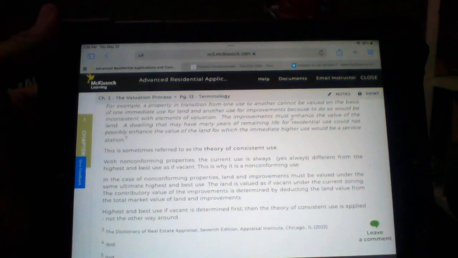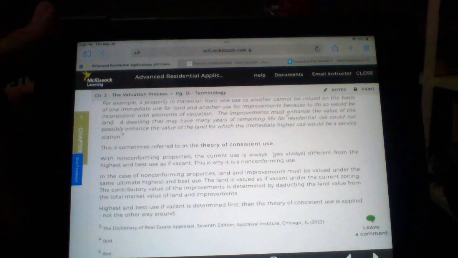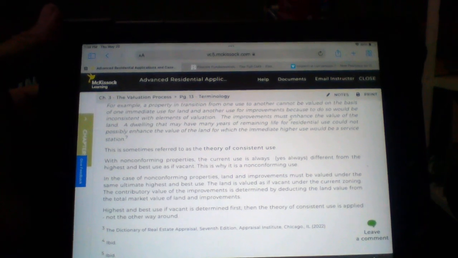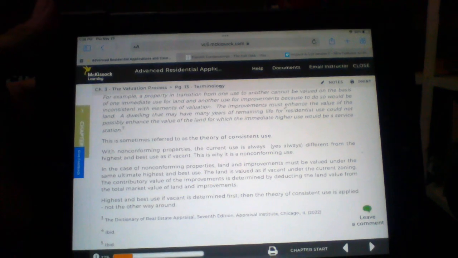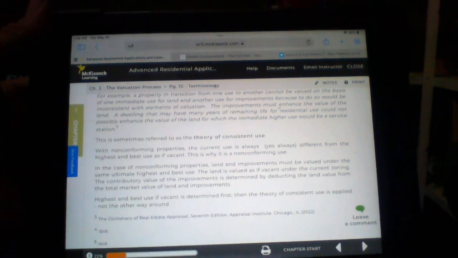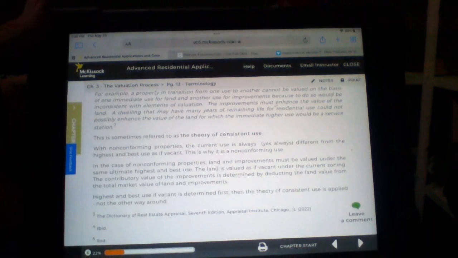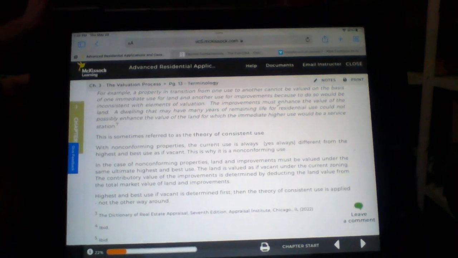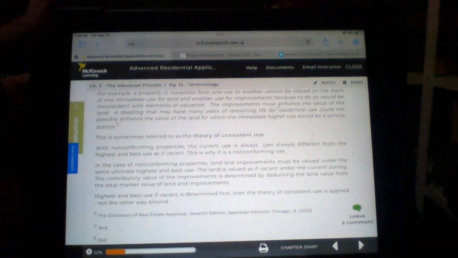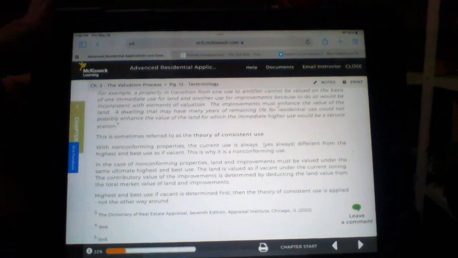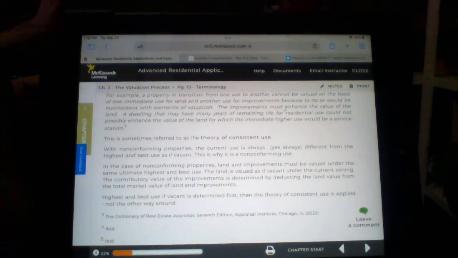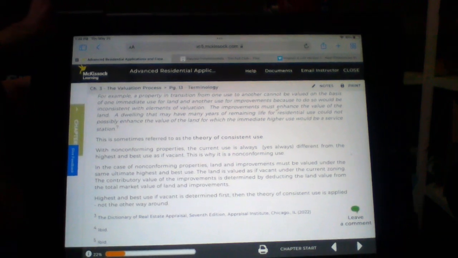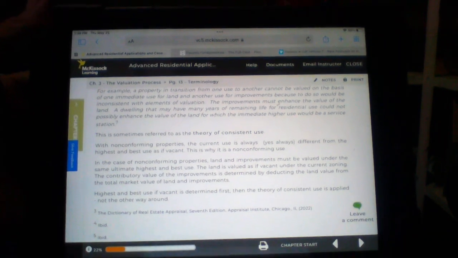The land is valued as if vacant under the current zoning. The contributory value of the improvements is determined by deducting the land value from the total market value of land and improvements.